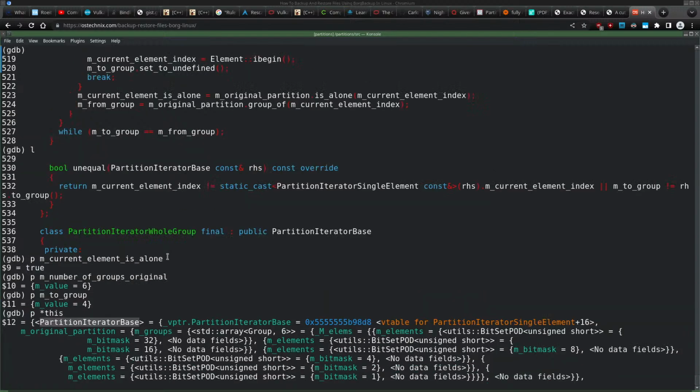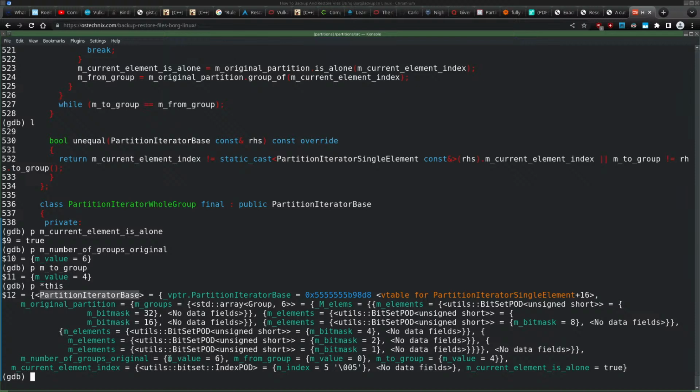And the first thing it tries is to increment the to group. The to group is currently 4. That would be the index of this thing. So that is 0, 1, 2, 3, 4. So you would say it just simply goes to the next group.